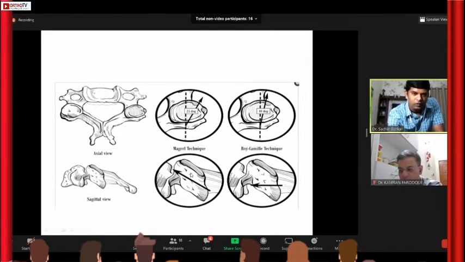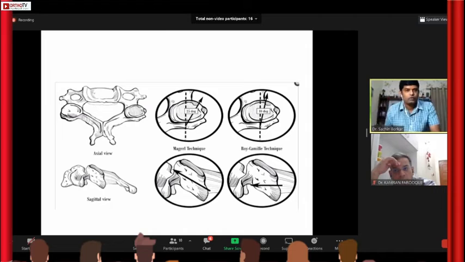So if you tend to use C-arm in initial cases, then you should be parallel to your facet joints above and below, or a small Penfield can be kept in the superior facet joint to guide your craniocaudal trajectory. And the mediolateral is around 20-25 degree lateral. And if properly in anatomical position, as I said, the craniocaudal trajectory will be parallel to the facet joint above and below.